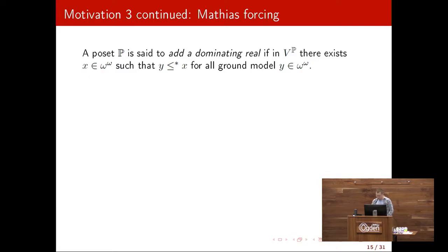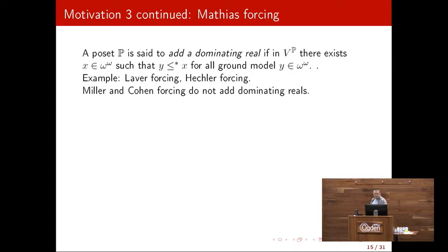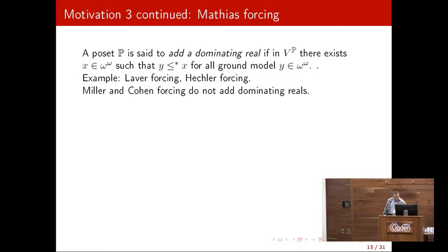But I guess one of the most often considered questions is when this Mathias forcing does not add a dominating real. So recall that a poset adds a dominating real if it adds a real which dominates all ground model reals. Examples are Laver and Hechler forcing, while Miller and Cohen forcing are very gentle; they don't add dominating reals.